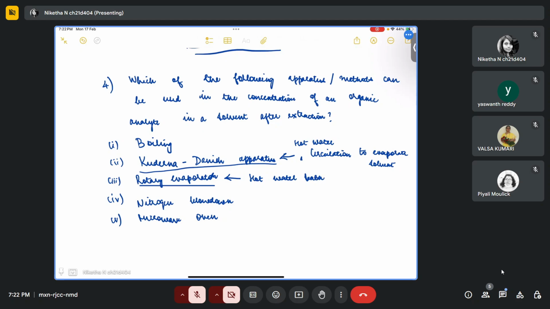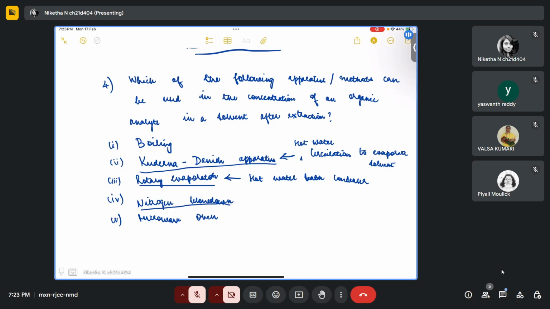So this is the difference in the design. There are many other differences also, but the basic difference is like this. The rotary evaporator uses a hot water bath for evaporation, whereas in a KD apparatus, we circulate the water through a column and it will evaporate the solvent. And in a rotary evaporator, we also use a condenser. So whatever solvent is getting evaporated will get condensed and can be collected separately.